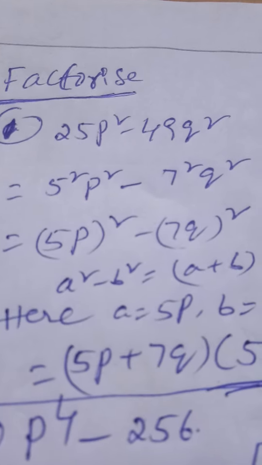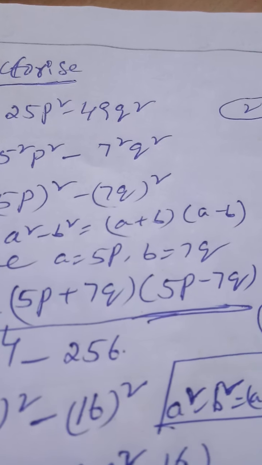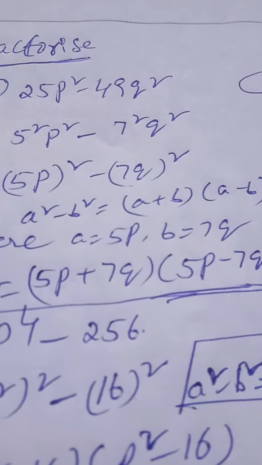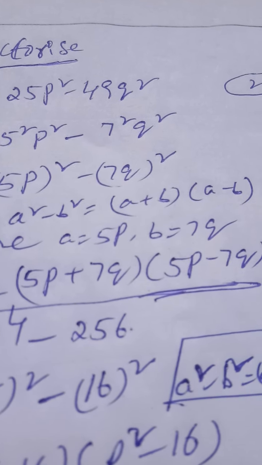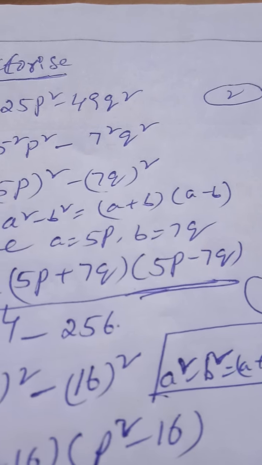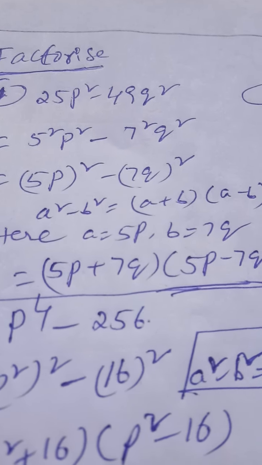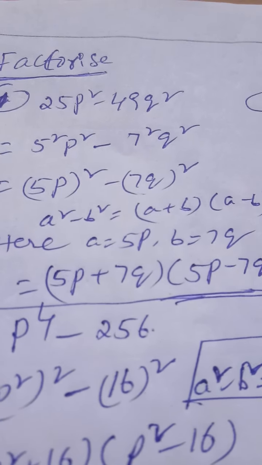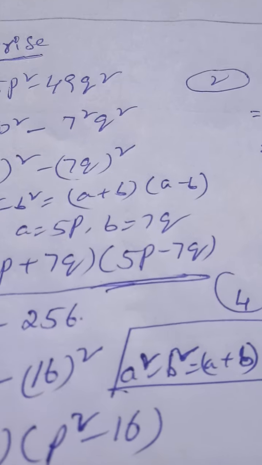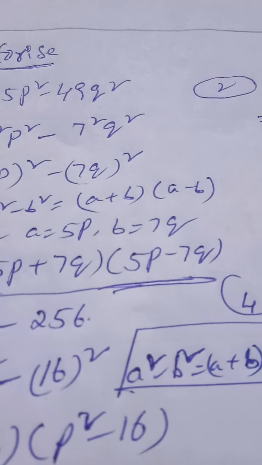It is in the form of a square minus b square is equal to (a + b) into (a - b). Here a is equal to 5p and b is equal to 7q. Now according to the formula, (a + b) into (a - b), so it is nothing but (5p + 7q) into (5p - 7q).